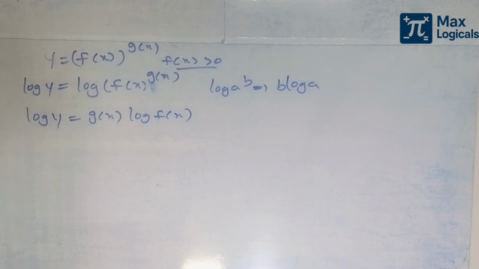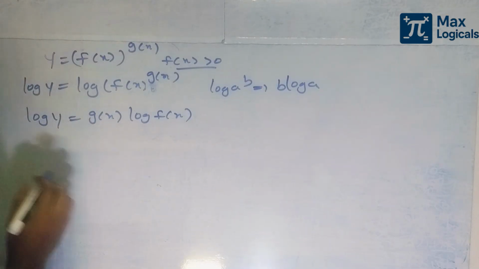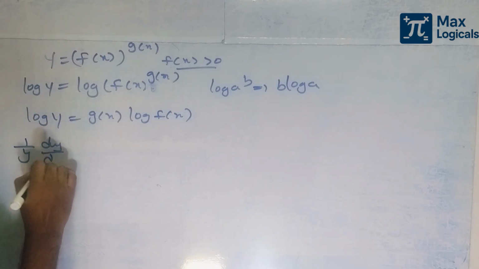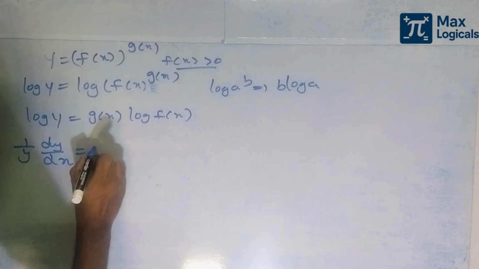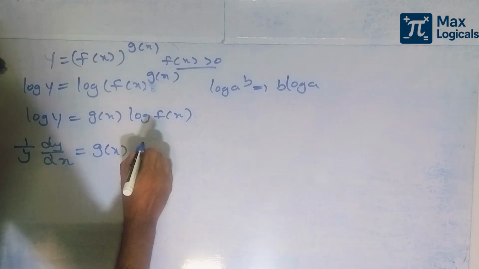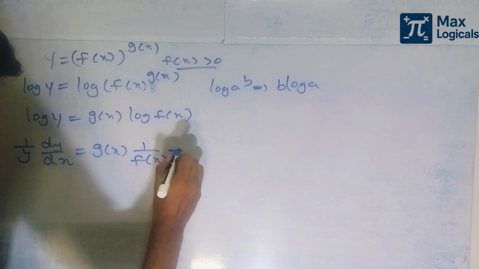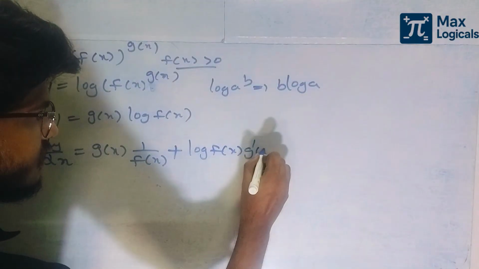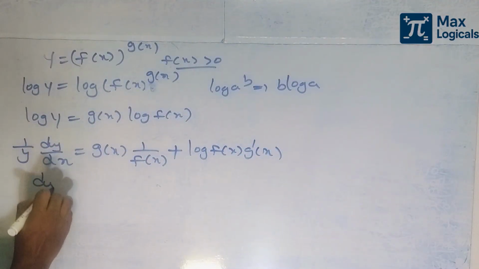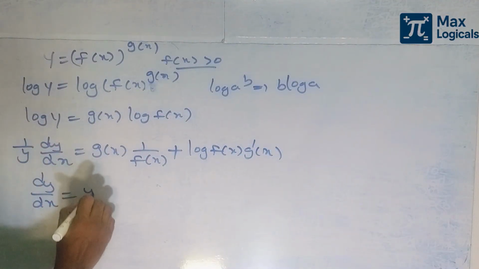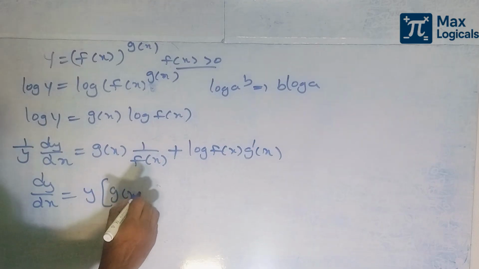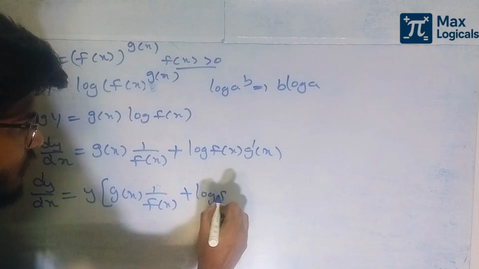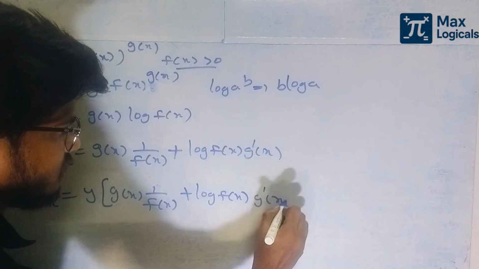Now we differentiate with respect to x on both sides. That is 1 by y dy by dx equal to g of x times 1 by f of x plus log f of x times g dash of x. So dy by dx equal to y times g of x 1 by f of x plus log f of x g dash of x. What is the value of y? The value of y is f of x whole power g of x. This is the formula for differentiation of f of x whole power g of x: f of x whole power g of x times g of x 1 by f of x plus log f of x g dash of x.